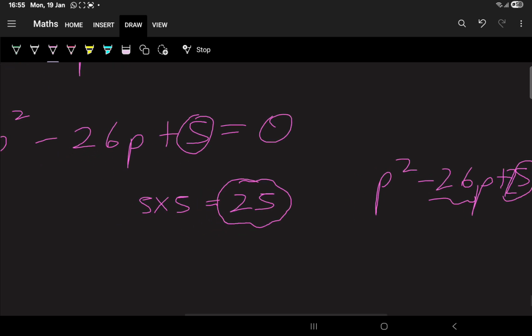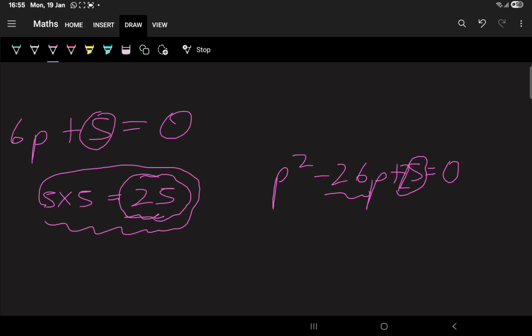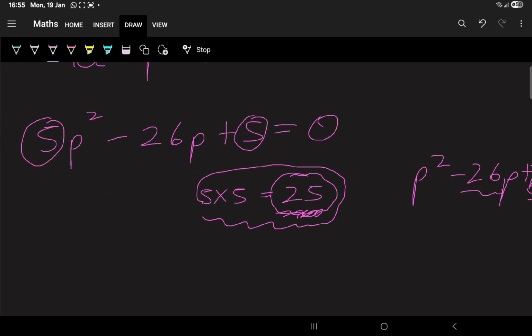Now in this case, this is going to be my reference term. So the 25 here is serving the same role as 25 here. So this is my role player. And to get this role player in an equation like this, I need to multiply whatever the coefficient of p squared is here by the constant term here.